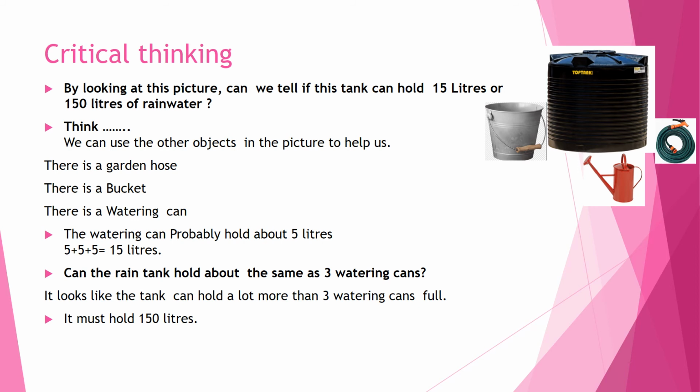Now this part requires critical thinking. By looking at this picture, we have a tank, we have a bucket, we have a watering can, and we have a garden hose. Okay, by looking at this picture, can we tell if this tank can hold 15 liters or 150 liters of rainwater?